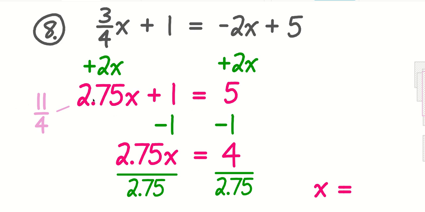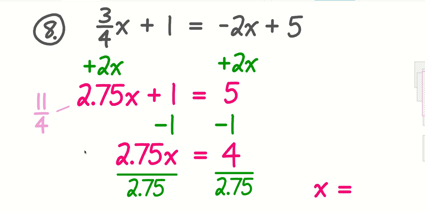So let's go back and remember that instead of writing 3/4 plus 2 as 2.75, we could have written it as 11/4, because 2 is the same as 8/4. So 8/4 plus 3/4 is 11/4. And so here, it might be a nicer final answer to think of it as 4 divided by 11/4, which your calculator can maybe even help you out with.